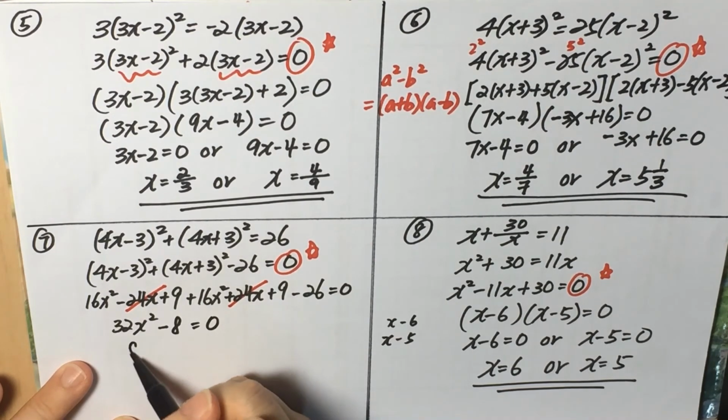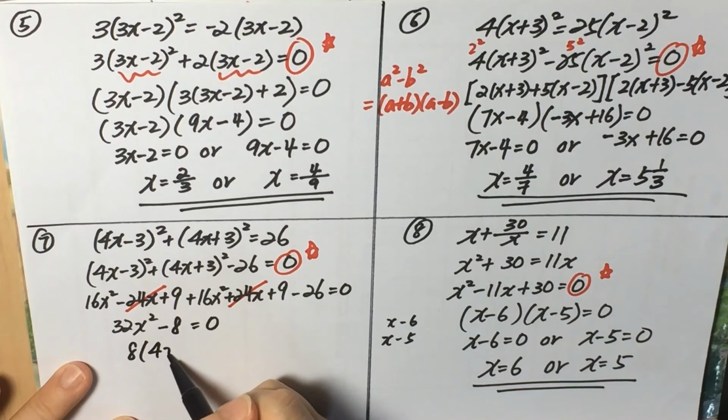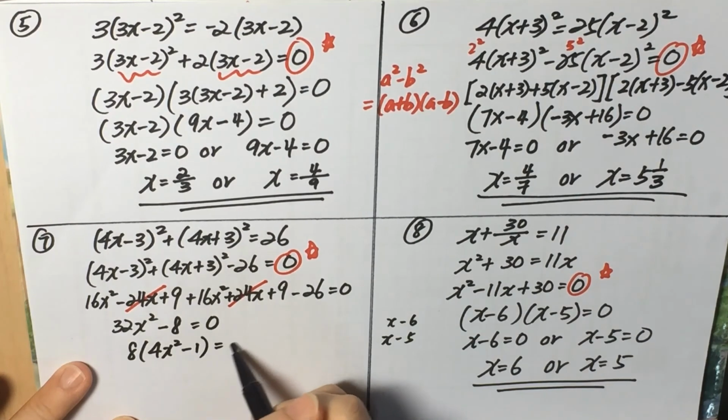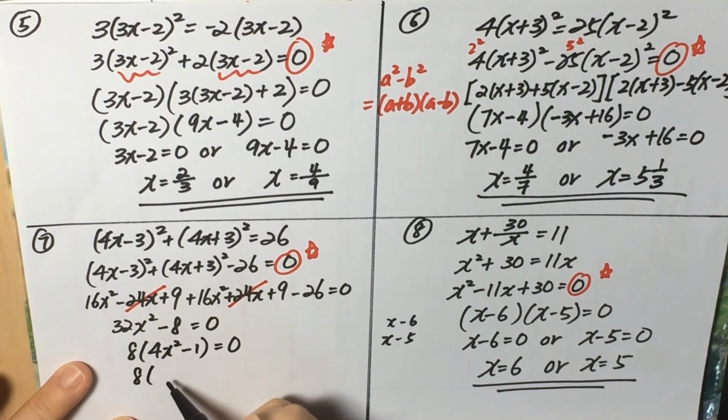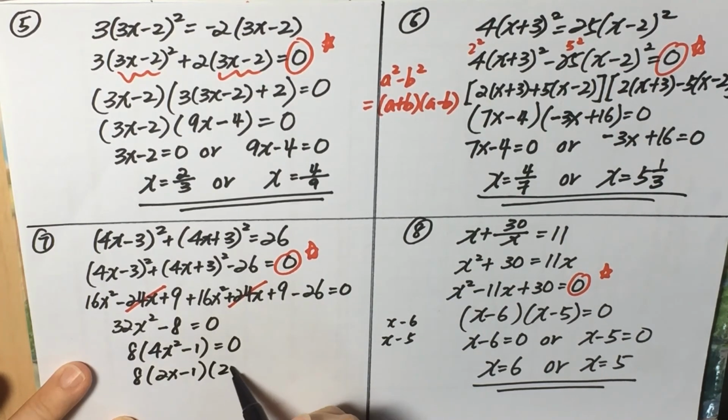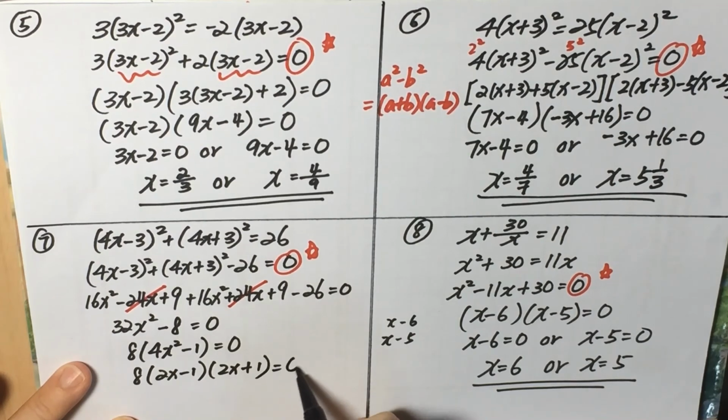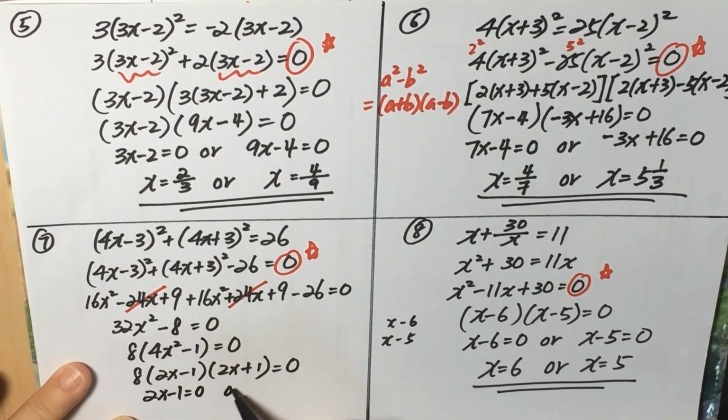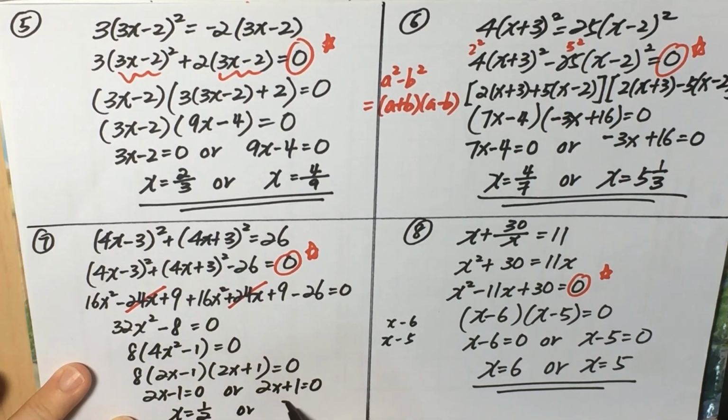So 8 is a common factor: 8 times (4x squared minus 1) equals 0. This can be factorized to 8 times (2x minus 1) times (2x plus 1) equals 0. 8 cannot be 0, so the 0 must come from either the first bracket or the second bracket. So x is a half, or x is a negative half. So these two are the answers.